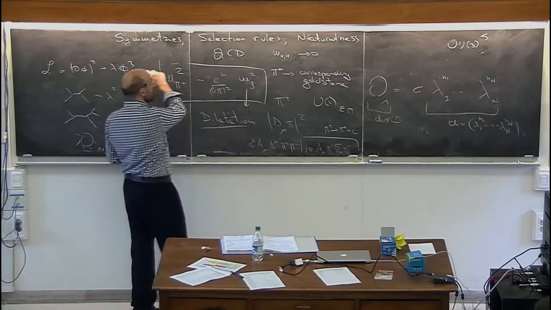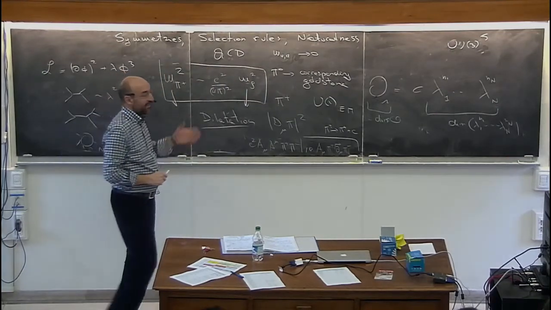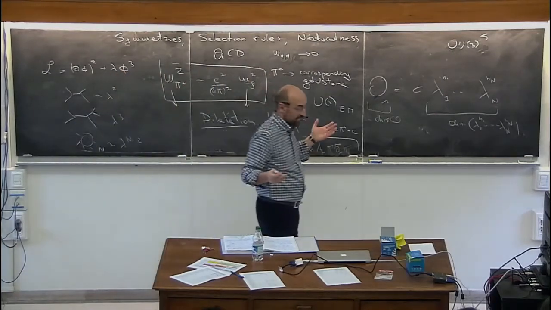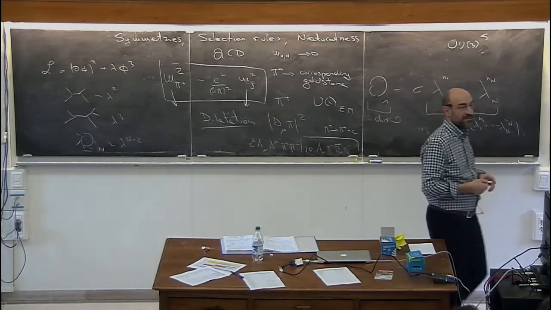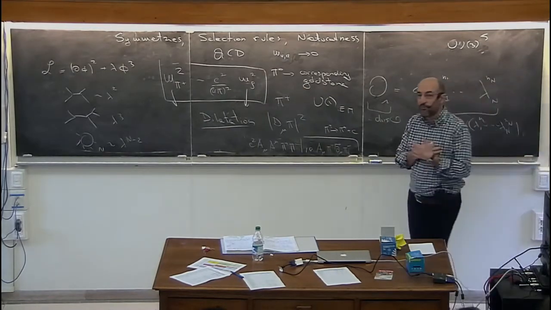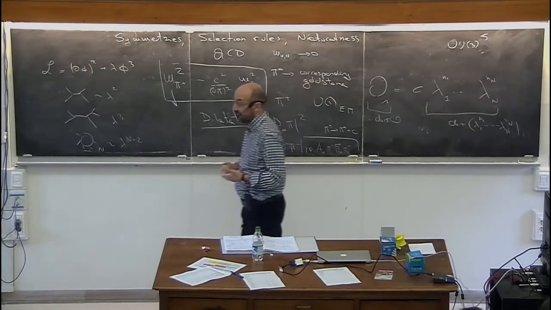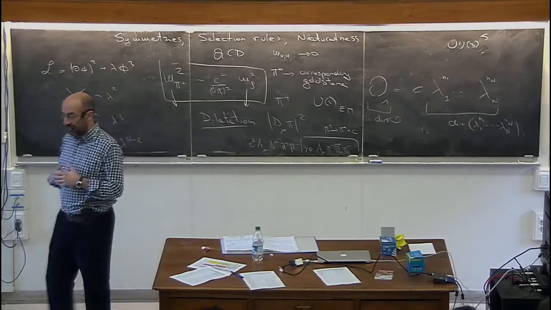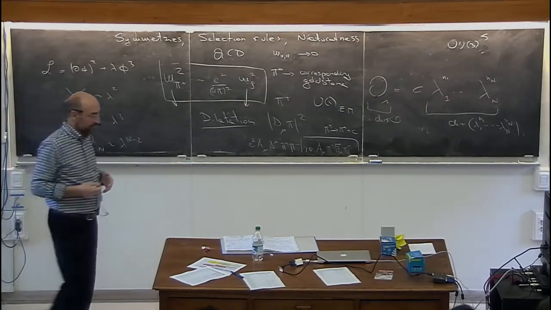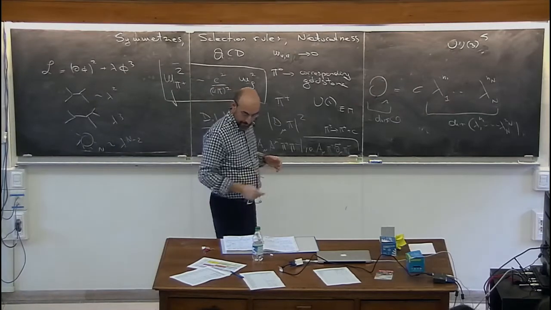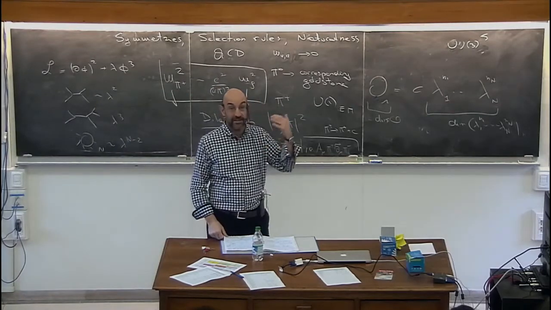We would be shocked if this were not correct, and this in fact gives, within a factor of 2, as an order of magnitude, precisely what you measure. That's an example of selection rules acting in quantum field theory. And there are other examples like this.